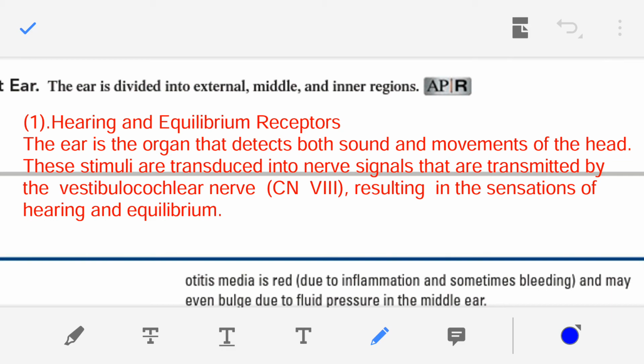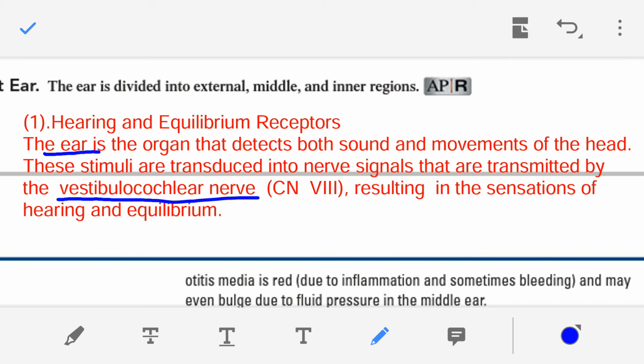Now the stimuli generated from the ear, stimuli meaning the action potential or the nerve impulse or the nerve signal. This nerve signal from the ear regarding the sound and the movement of the head is transmitted by the vestibulocochlear nerve.